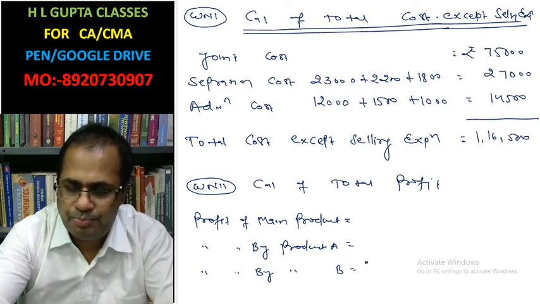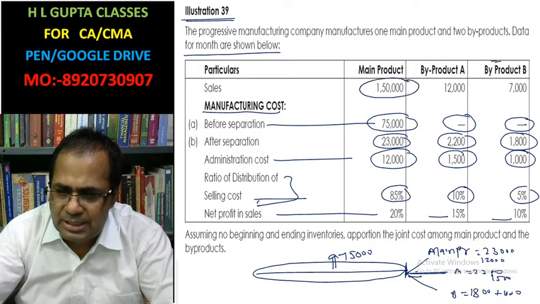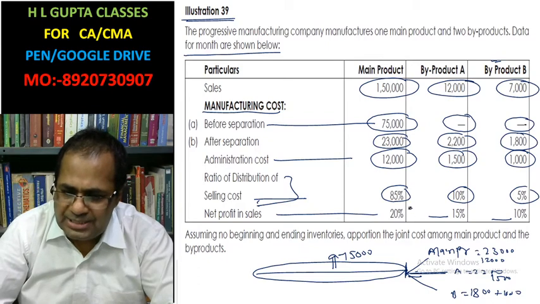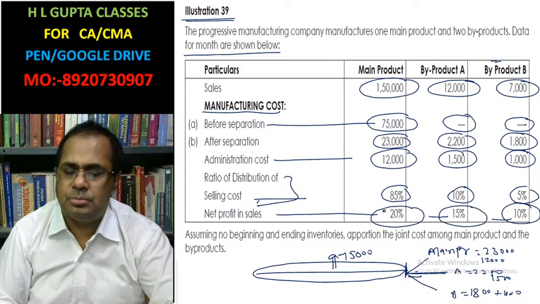Look at here. The question is given here. This is the sales revenue, and the profit percentages given are 20%, 15%, 10%.